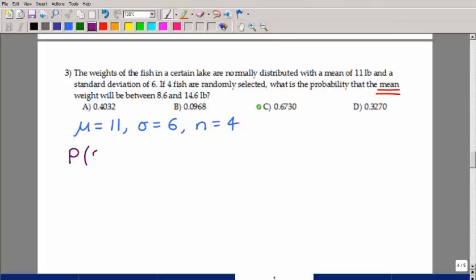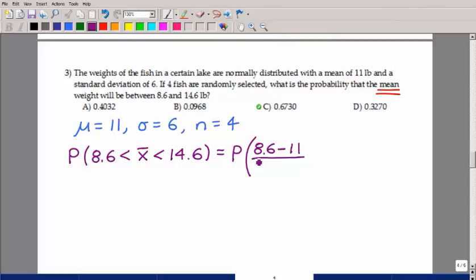So let's write this. So we're going to have 8.6 on the low end, 14.6 on the high end. Now we need to convert both ends to z's. So let's do that then. That'll be the probability of 8.6 minus 11.